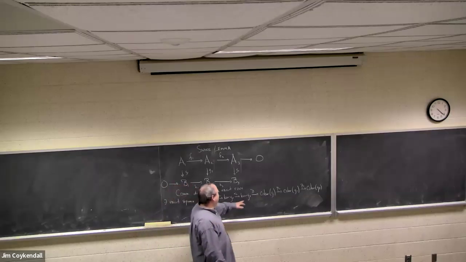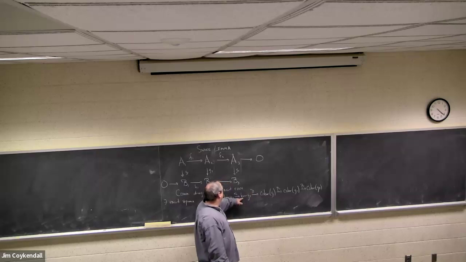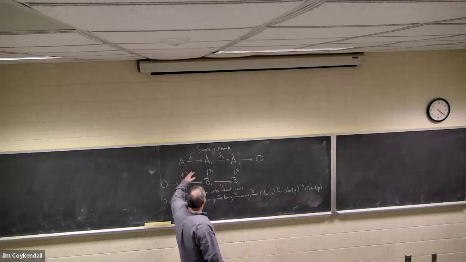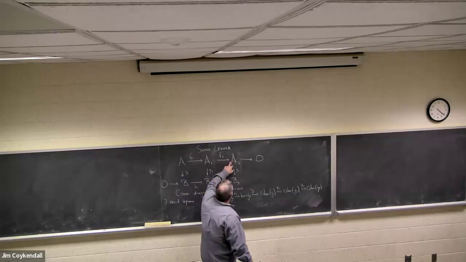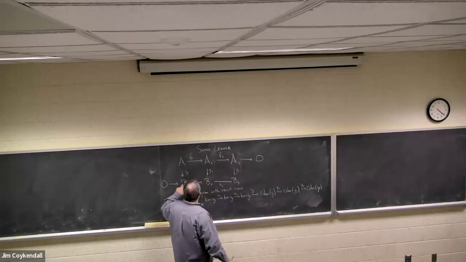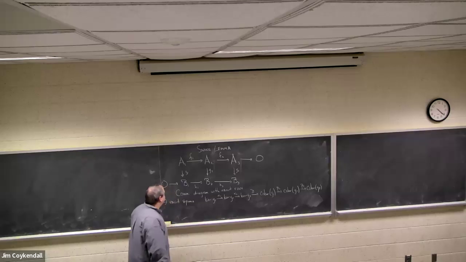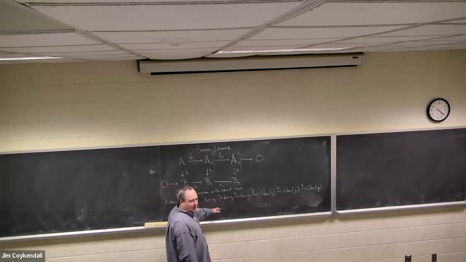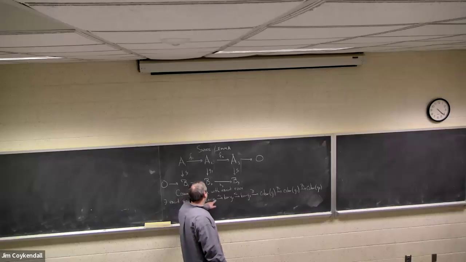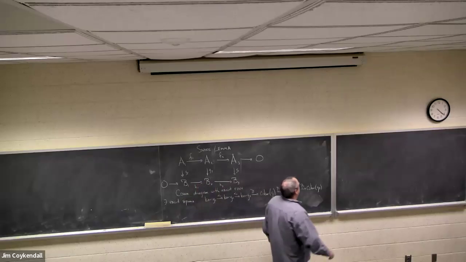The biggest thing is the snake, which actually goes from the kernel of G3, which is up here, into the cokernel here, B1 mod the image of G1. But how does this work? Let me just give you an example here. Take an element alpha 1.